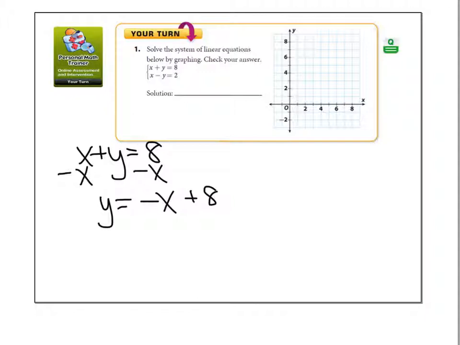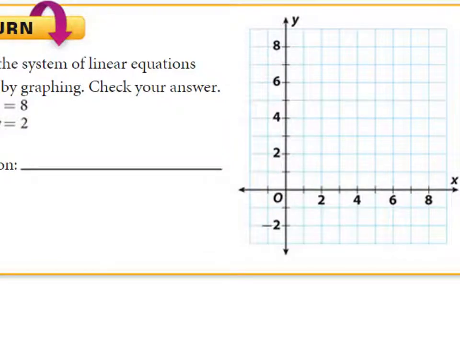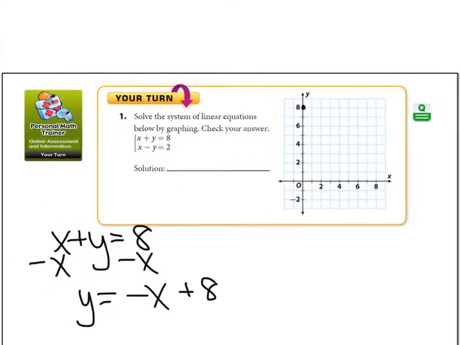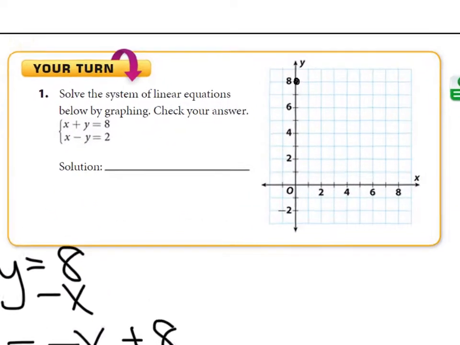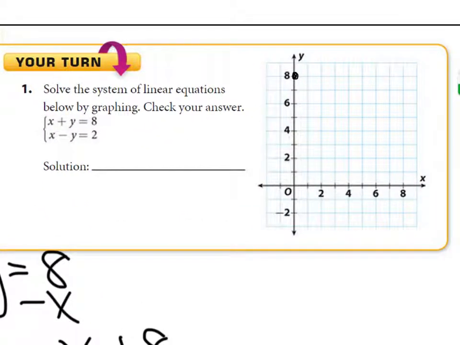To graph this, we start with our y-intercept at 8. And then our slope is negative x, so that means negative 1. So that means we're going to go down 1 and then to the right 1. And then down 1 and to the right 1 again.